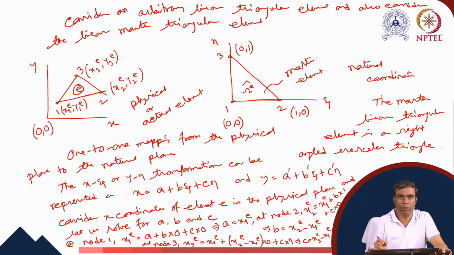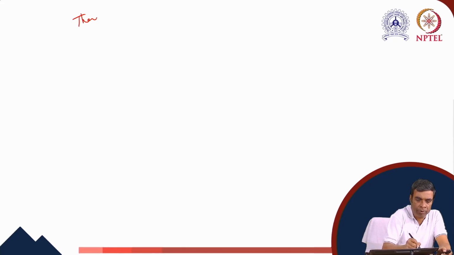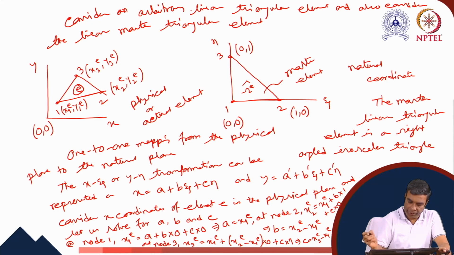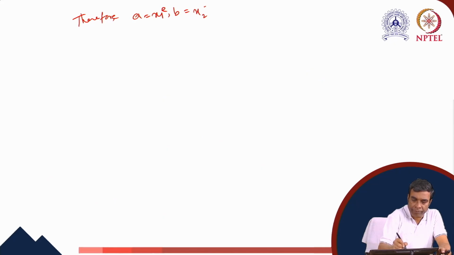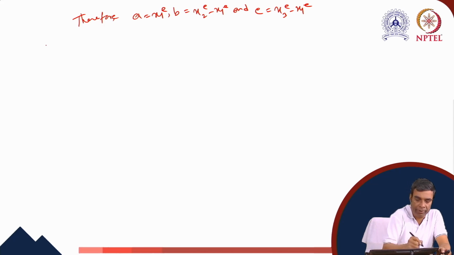So we have the solutions for A, B and C in terms of the global x coordinates of the actual element. Therefore, A equals x1e, B equals x2e minus x1e and C equals x3e minus x1e.